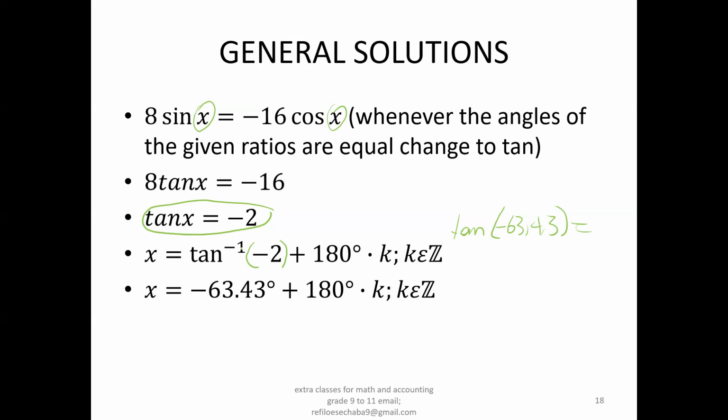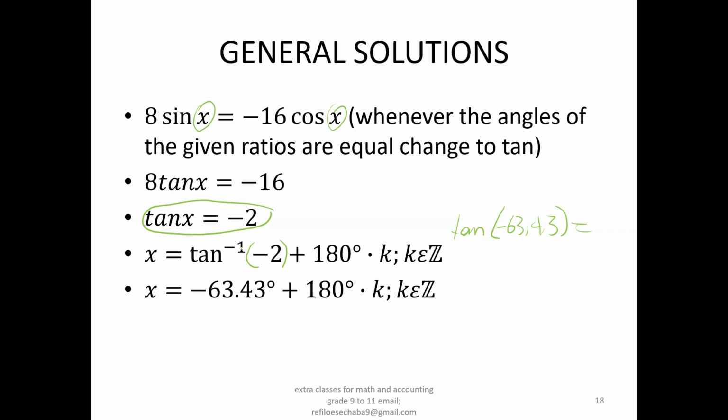So you can simply say tan, not inverse. You just say tan answer, and then you close bracket, and then you press the equal sign. Okay, let me try it. What do you get? I get negative 2.